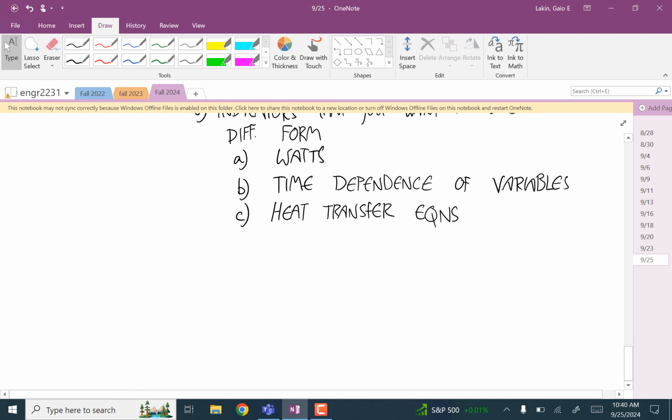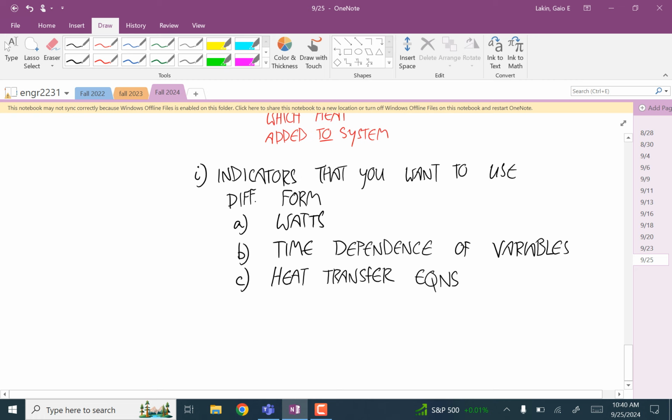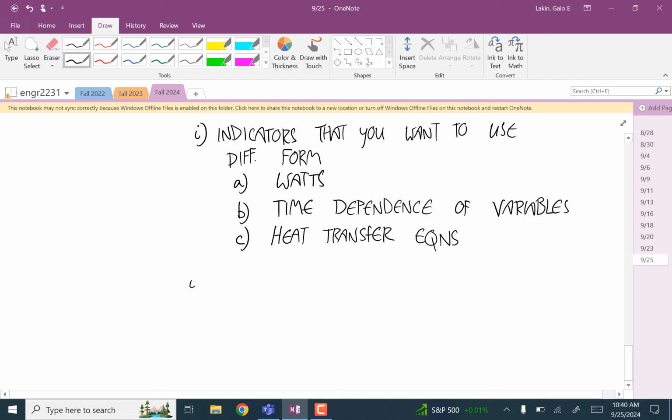Second, I'll give this its own category, is using the heat transfer equations. This is the most common reason that you would use the differential form.